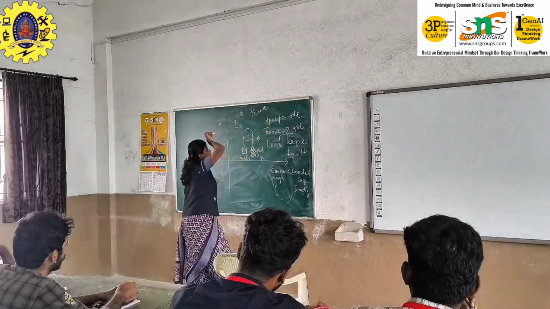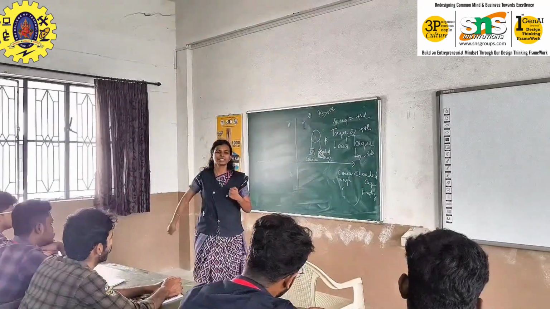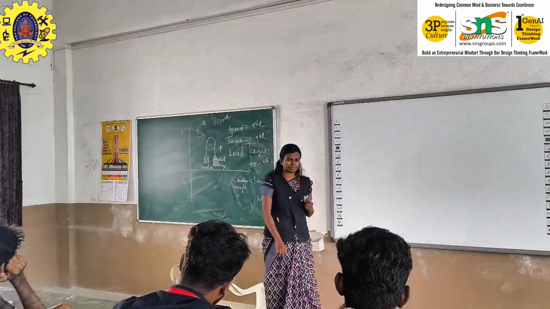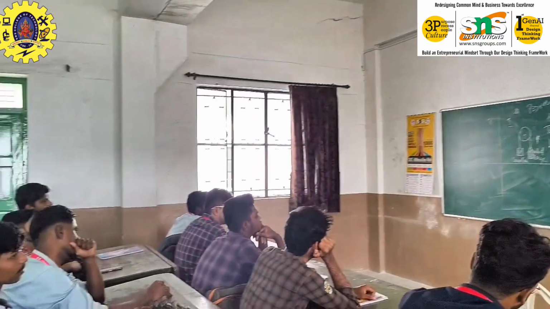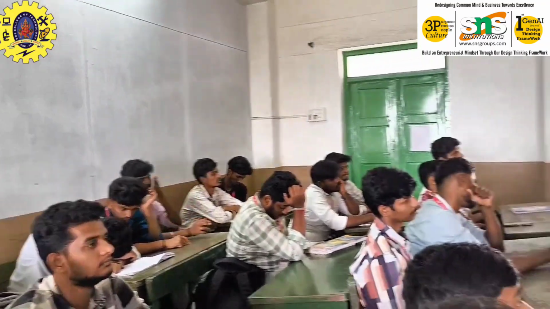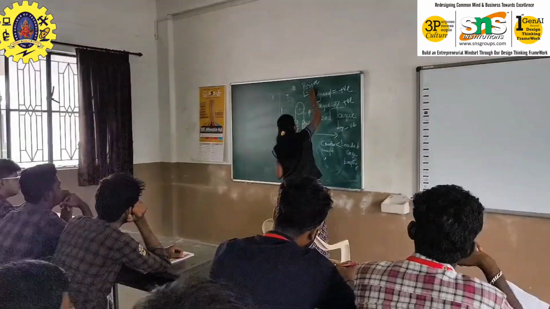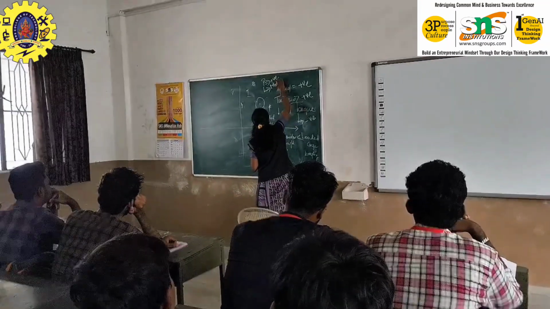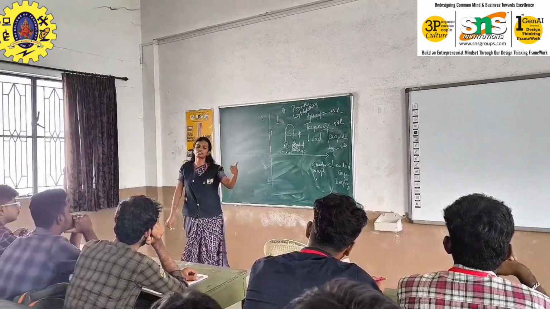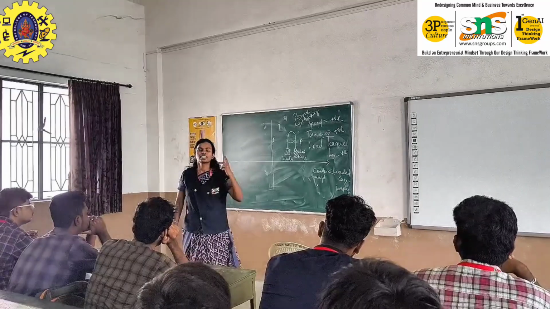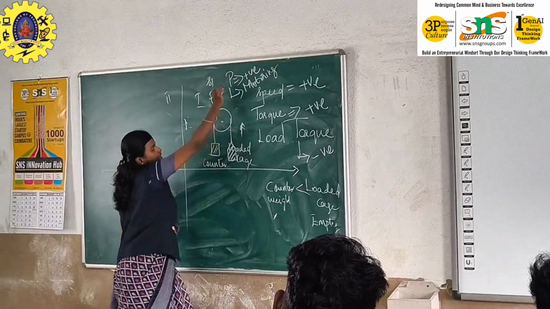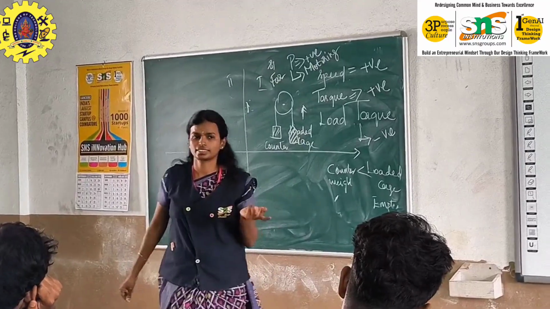When your power is positive, what about your operation? Motoring. So here your power is positive, so it is motoring. And if it is forward or reverse, what will decide? Speed. If your speed is negative, it is reverse.